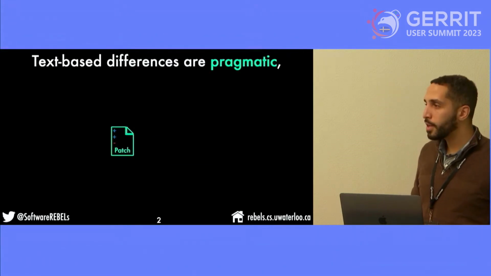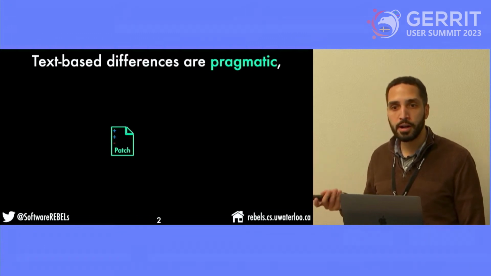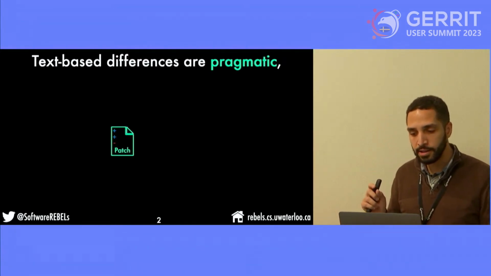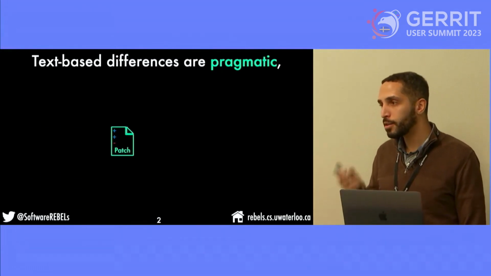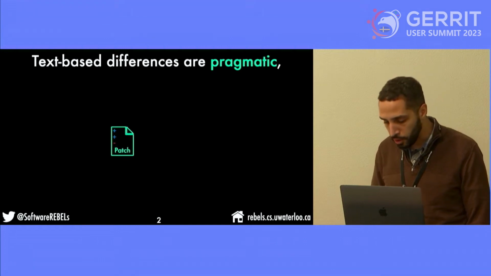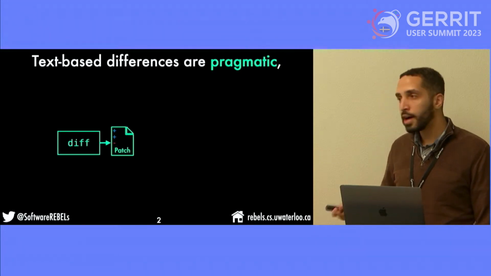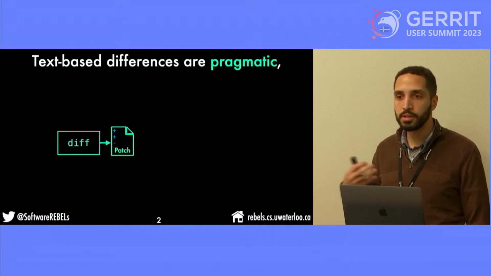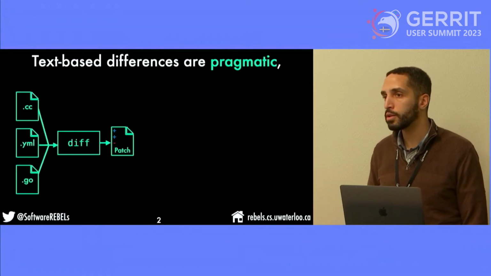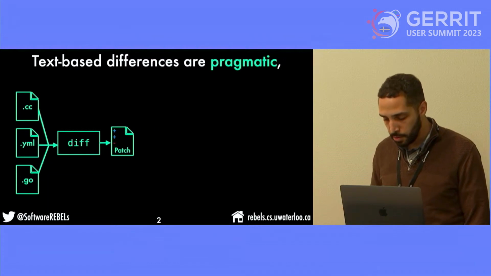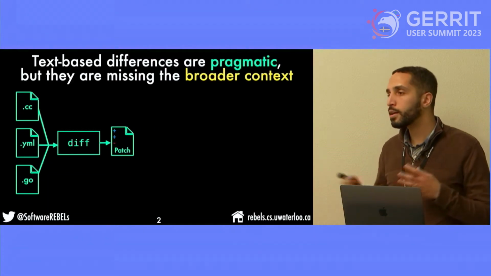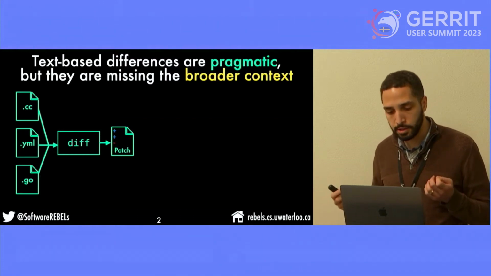So I'm going to begin with the core part of what a code review revolves around, and that's this patch, right? I recognize that a patch is a very pragmatic choice for making a code review. We can generate a patch using the textual diff tool, which can be applied to all sorts of code and code-like artifacts. But the argument that we make with my work is that these patches miss the broader context, right?